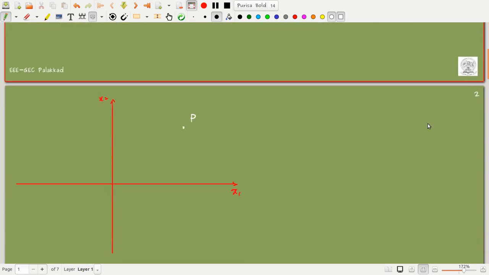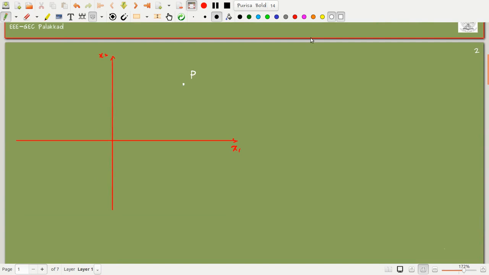Let this be point P. So the slope at point P should be equal to what? The slope at the point P along the trajectory should be equal to minus x1 plus delta divided by x2. I have written this with a different small color so that we should come to that after some time.